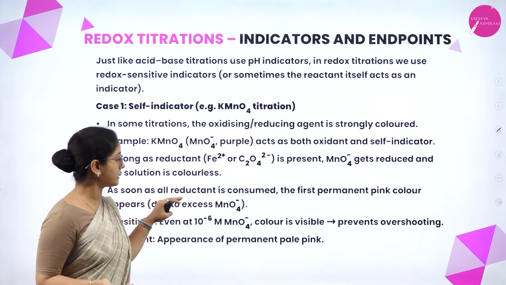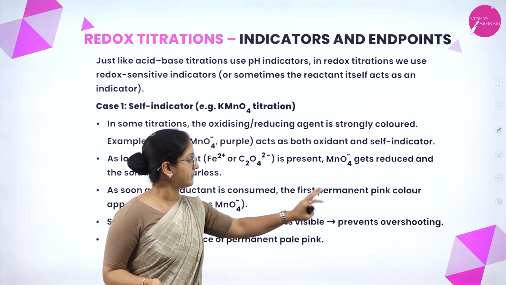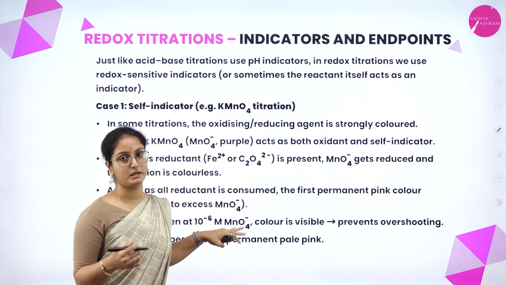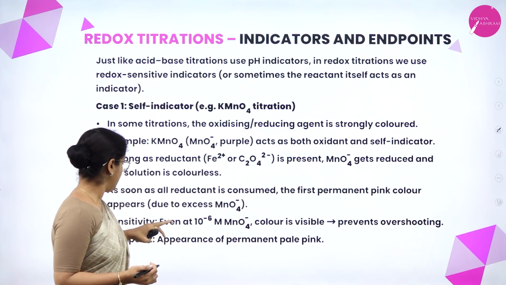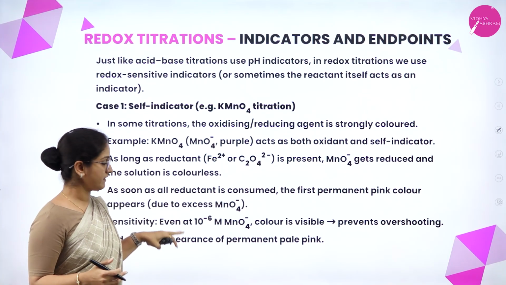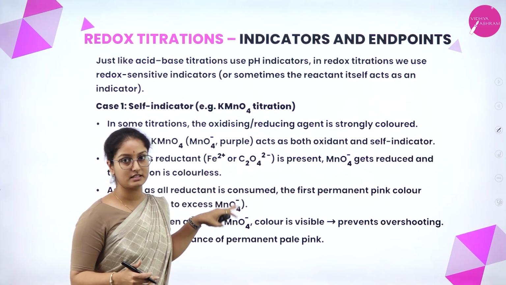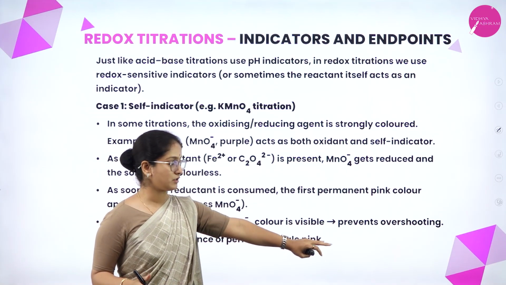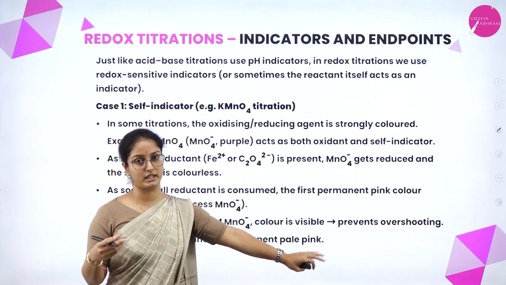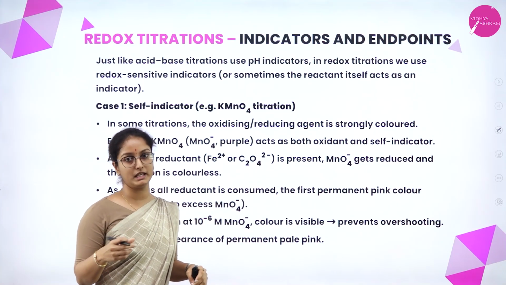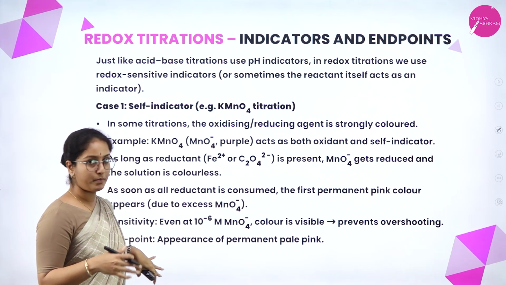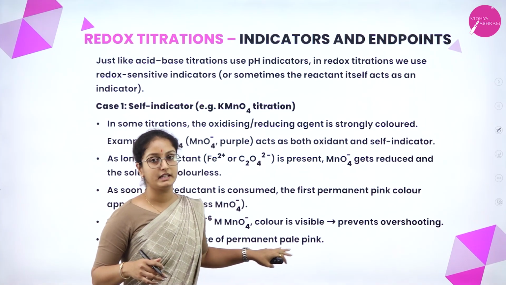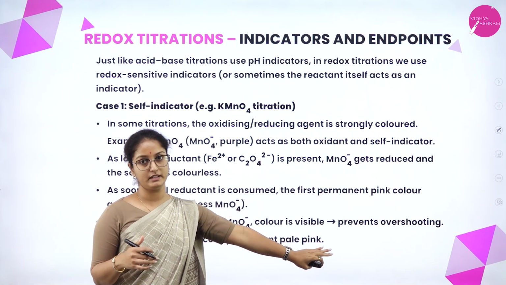As soon as all the reductant is consumed, the first permanganate pink color appears due to excess permanganate ion. Even at 10 to the power minus 6 molarity of permanganate ion, the color is visible, so it prevents overshooting. The endpoint is the appearance of a permanent pale pink color.